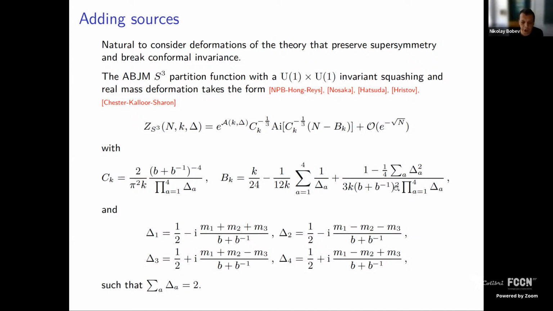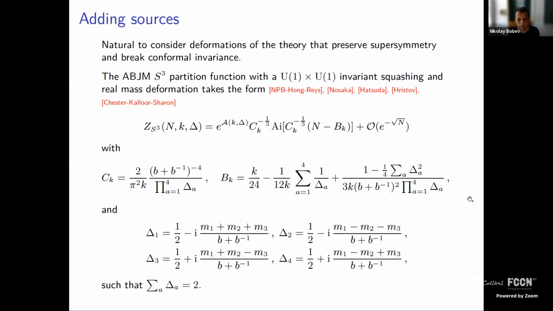I say conjecture: in some limits this has been rigorously derived, but the full answer hasn't been, though it obeys certain non-trivial consistency conditions. We can talk about it later. The point is that the Airy function keeps on controlling the behavior at large N, even in the presence of sources, and then you have to modify the parameters that appear in the Airy function in a certain way.